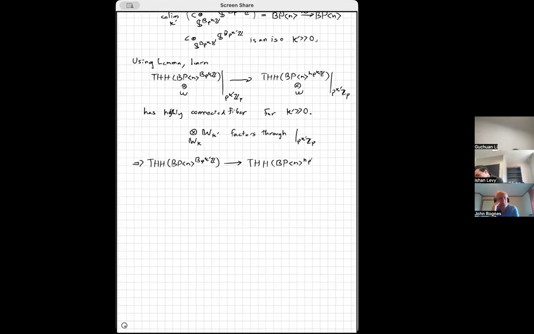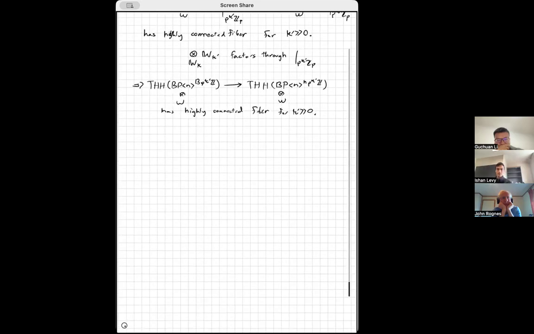You learn that this map, after you tensor with W, has highly connected fiber for K prime sufficiently large. And now again, we're going to use the Lichtenbaum-Quillen property.